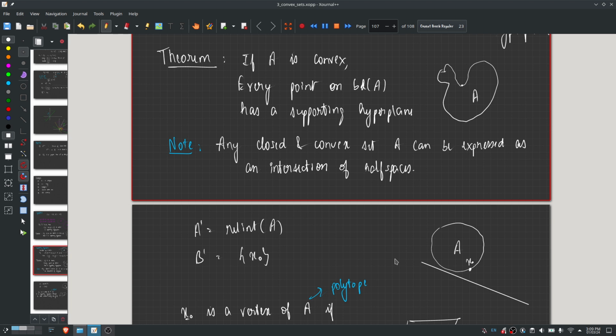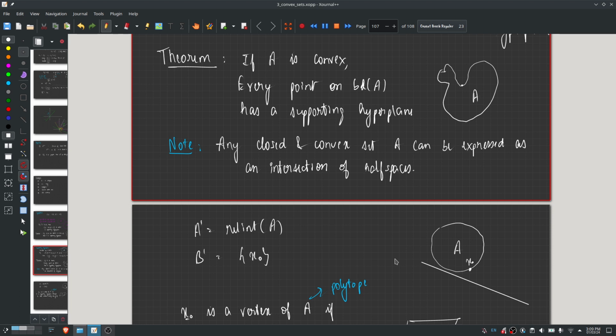So one thing I try to clarify is that A need not be a closed set, and therefore the boundary of A may or may not be in A. If you recall the definition of the boundary, how did we define the boundary? You consider the closure of A and you remove the relative interior.